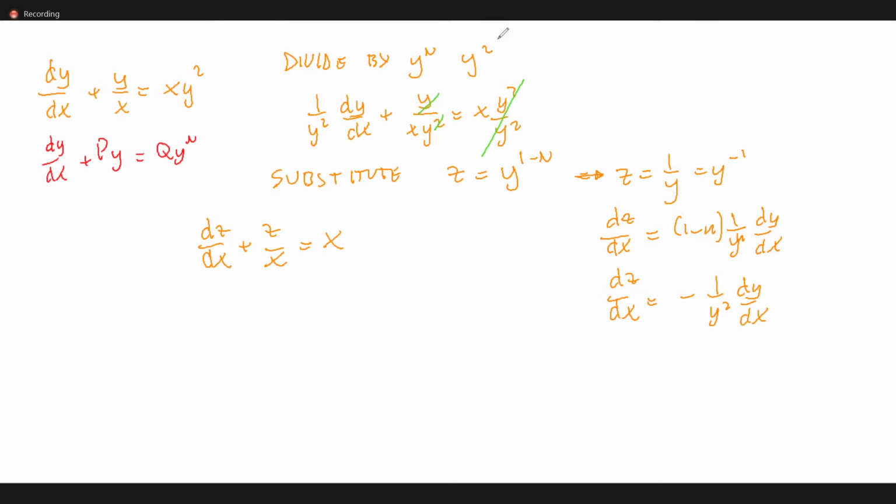Notice now that this equation here has the form of a linear differential equation of the first order, where we have dy/dx plus p y equals q, where p is equal to 1 over x and q is equal to x. We can now solve it by means of the, these are negative signs, apologies.